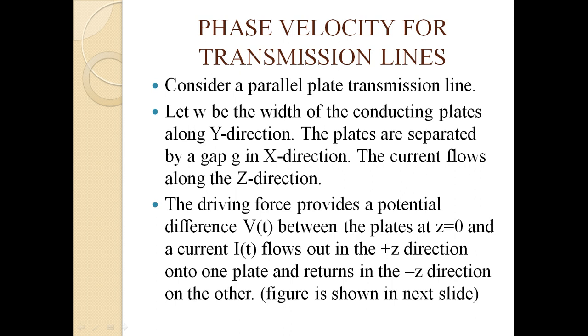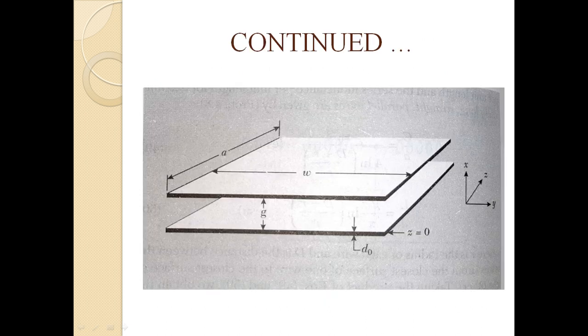The driving force provides a potential difference capital V between the plates at z equal to 0. And so the current I flows out in the plus z direction onto one plate and returns in the minus z direction on the other. Figure is shown here.